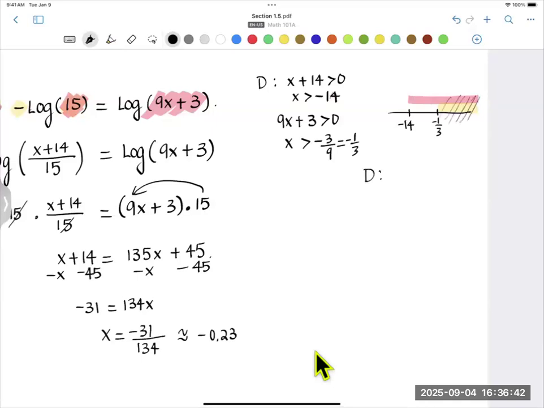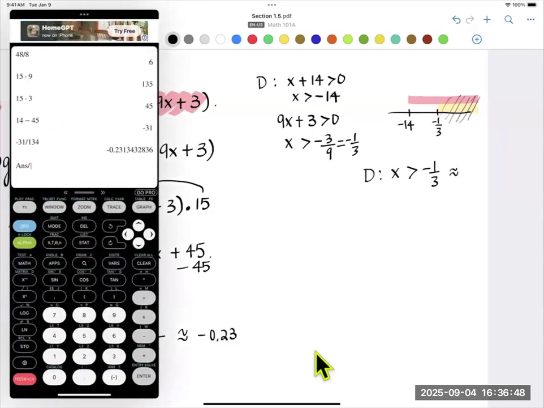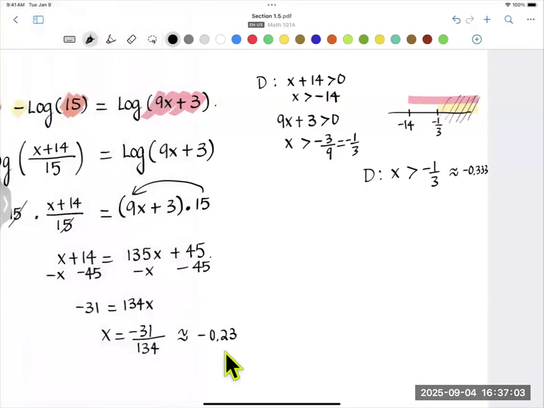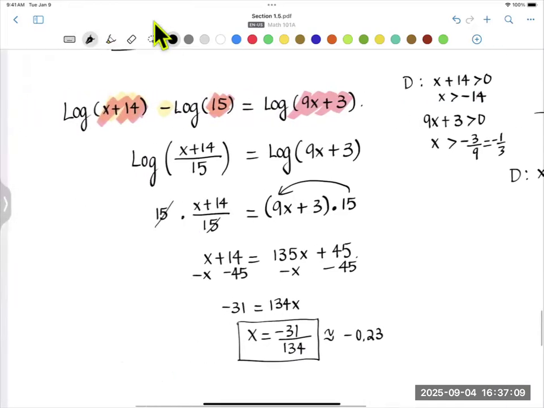So our final domain is x greater than negative 1/3, which is about negative 0.333. If you double check on your calculator, this is about negative 0.333. So negative 0.23 is bigger than negative 0.33; it's somewhere right here. So we're going to take this as a solution. So x equals negative 31 over 134 is the solution of this equation.